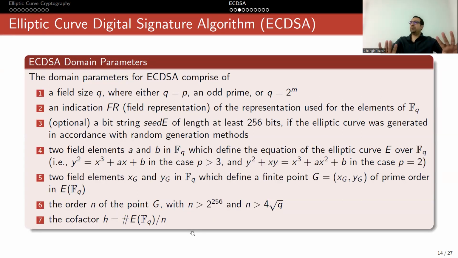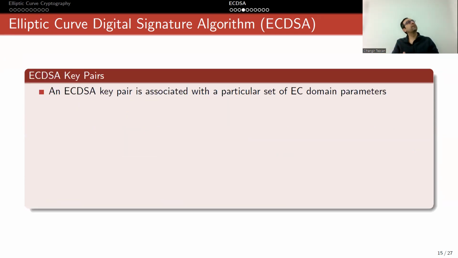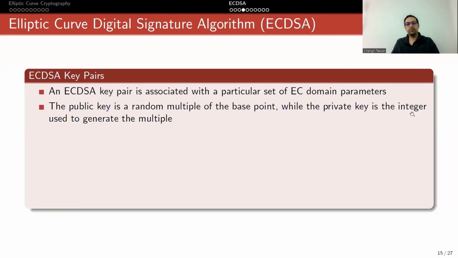So these are the domain parameters. So you initially choose this. Recall that in Bitcoin's elliptic curve, I showed you almost all of these values. Okay. Once you choose this, everybody who is going to use the system has to generate their keys, right? Public and private keys. An elliptic curve digital signature algorithm key pair is associated with a particular set of elliptic curve domain parameters.